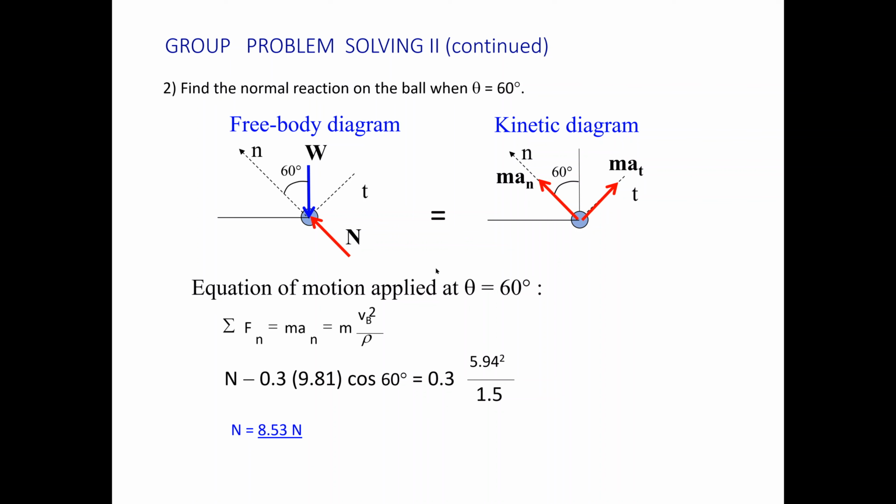And for us, in this equation, we care about the normal acceleration, so we care about the force acting in that direction. So the force in the normal direction is going to equal the mass times acceleration in the normal direction.